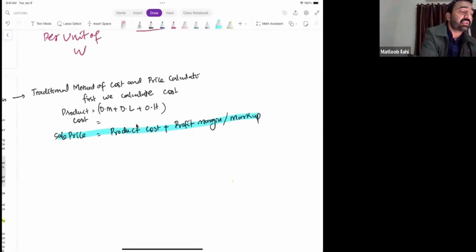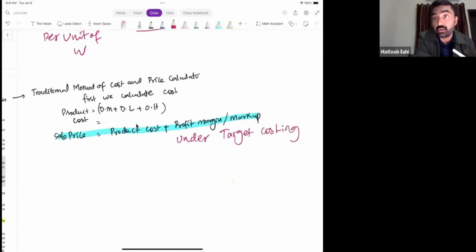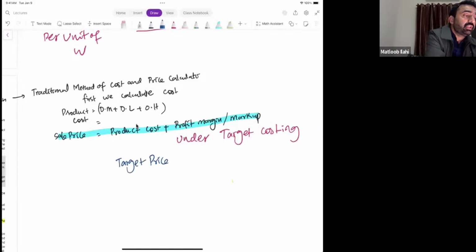But unlike this, under target costing, we follow a different approach. What is that approach? First, we start with target price, or this is also called market-based price.